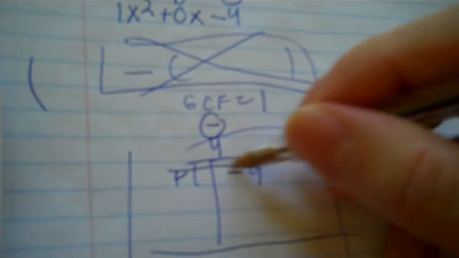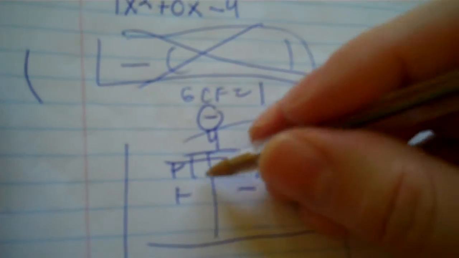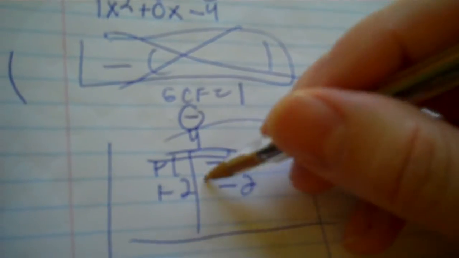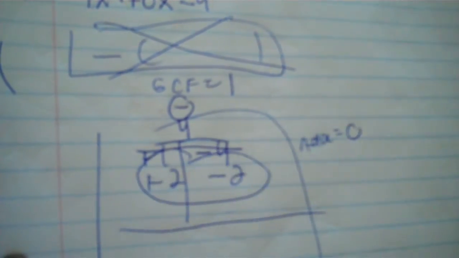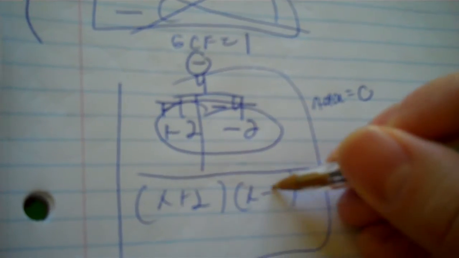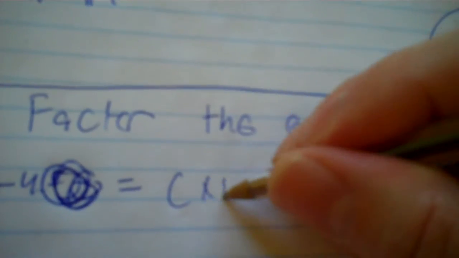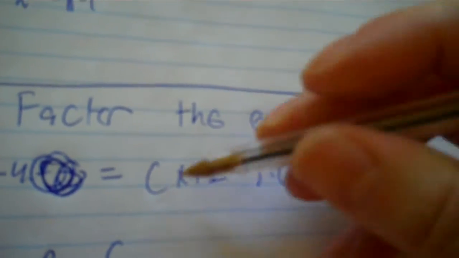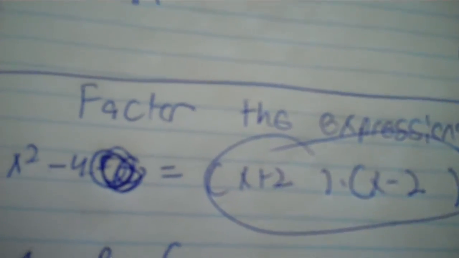Well, 1 and 4 can't be it. 4 divided by 2 is 2. Oh, that would be 0. You bet. Okay. And my a is a 1 up there, so I can get rid of the 1 and just make 2 parentheses, x plus 2, x minus 2. So that is what your answer is. Okay, that's what goes in the parentheses.